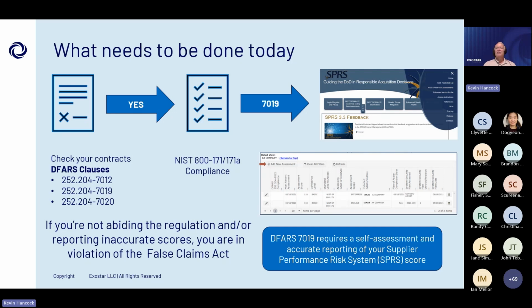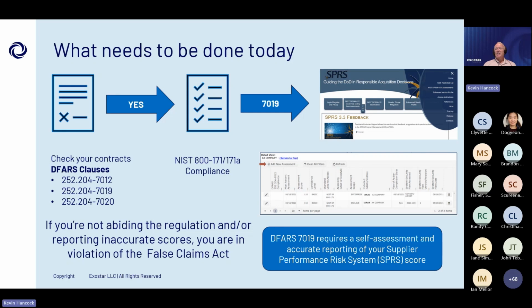You'll end up with a score somewhere between a negative 203 and a positive 110. You take that score and you enter it into the Supplier Performance Risk System, which is a DoD website. And this is one of the measures that DoD uses in compiling that Supplier Performance Risk Score.